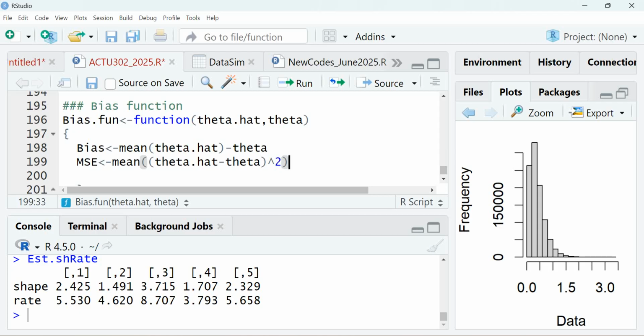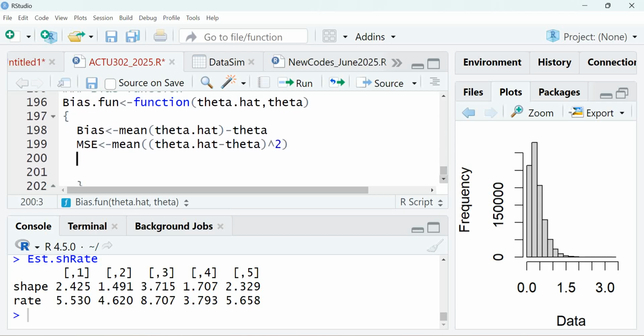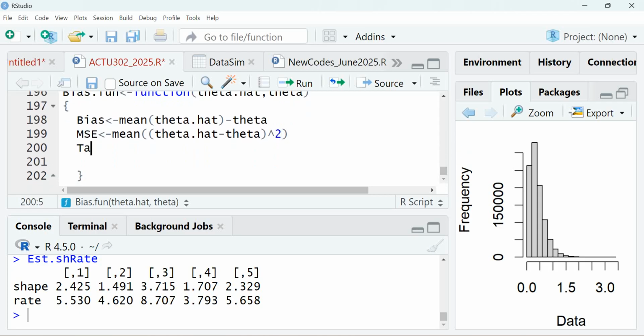Okay, so now what do we return? We can also use a tab, and then we call bias and MSE.